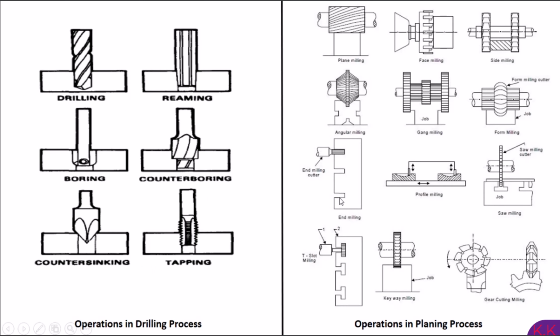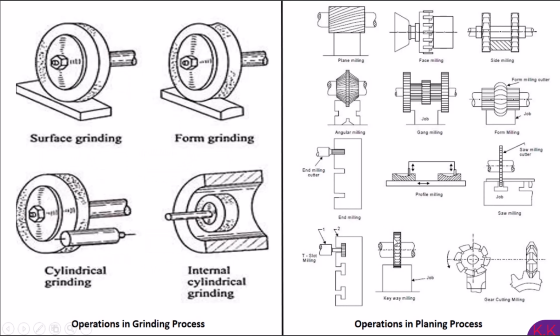Then we have grinding. You can see here surface grinding, form grinding, centerless grinding, internal grinding. Again we have milling. You can see plain milling, end milling, angular milling, gang milling, form milling.